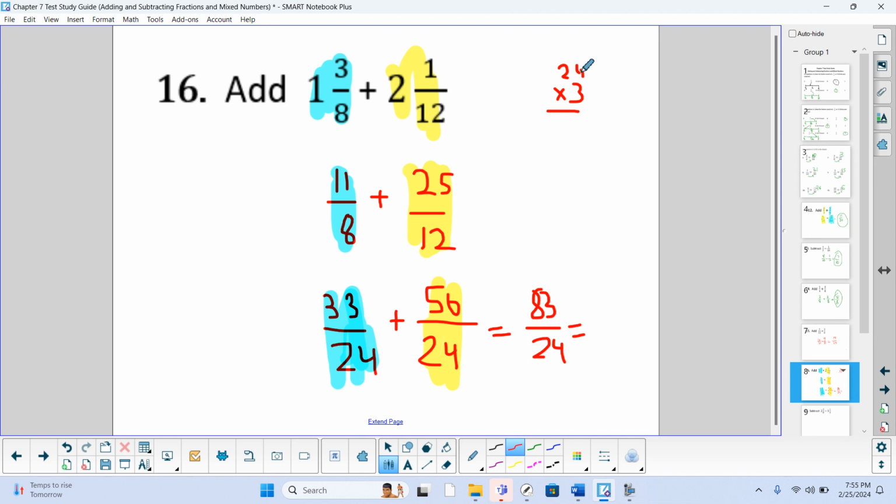So 3 times 24 is, that's 12, carry the 1, 3 times 2 is 6, plus 1 is 72. Okay, so that means it goes in 3 whole times, right, with a remainder of something over 24. Well, 83 minus 72 is 11, so my remainder is 11 over 24, so the answer is 3 and 11/24.